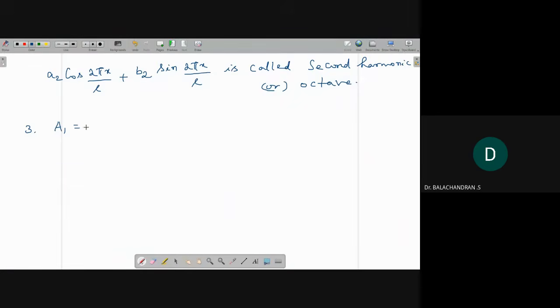And then note number 3. A1 equal to root of A1 square plus B1 square. Actually, this is the amplitude of the first harmonic.